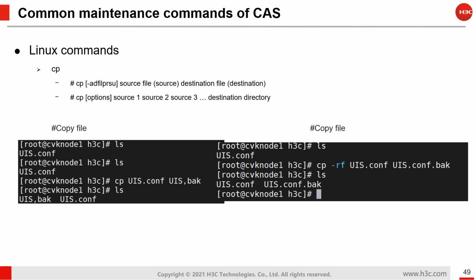For example, we copy the uis.conf to uis.bak. Now, in the directory, we can see the uis.bak and uis.conf. It means it has been copied.